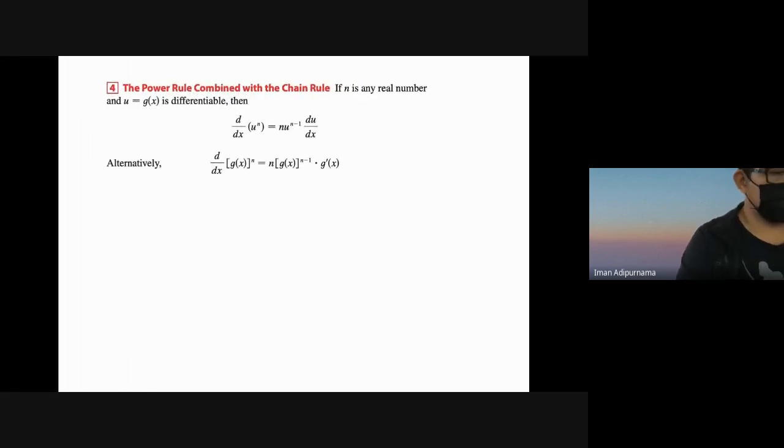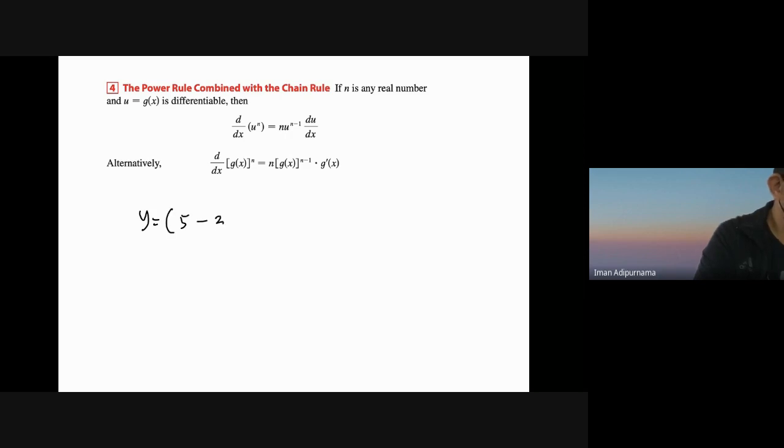Okay. This is just another perspective. Okay. If you have the power rule, like maybe you have 5 minus 3x with power of 6. So if you have y prime here, we can directly write this.